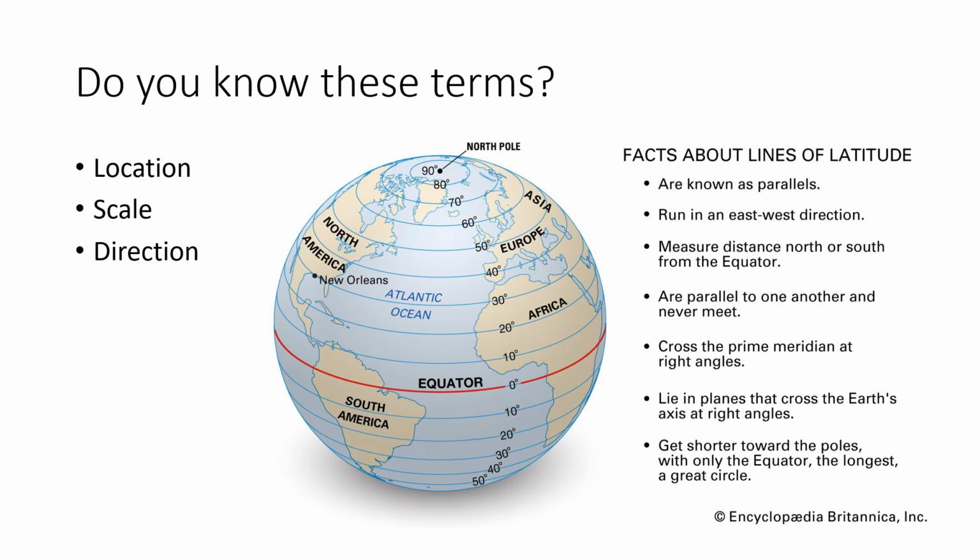That's really important for us to understand, because a normal map tends to be a flat projection, and that distorts the true scale of the different continents. So sometimes Africa is shown really small, and Europe is shown huge, and places like Russia and Greenland look bigger than they actually are.